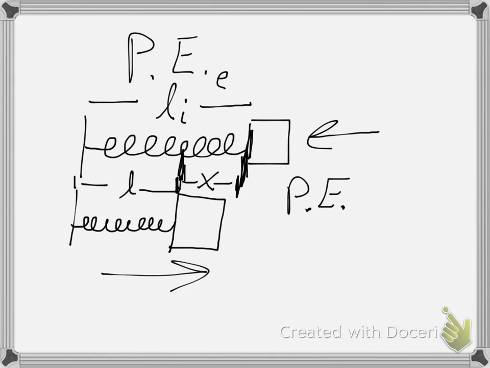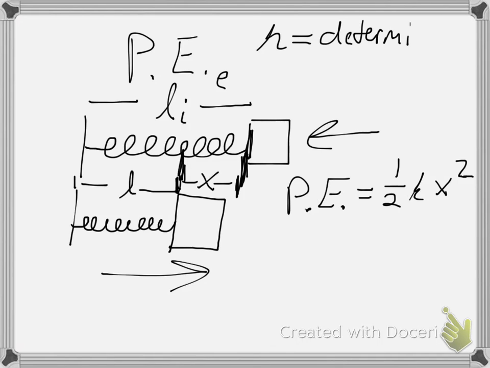We'll do that here in a bit. But for now, the PE is going to be 1/2 kx squared. And I want to talk a little bit about what this K is. Remember that K is the spring constant, and K determines the stiffness of the spring.